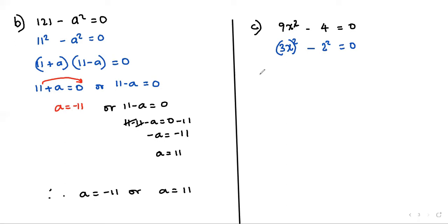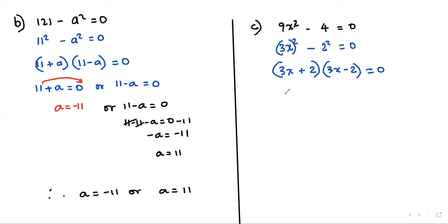So what should I write in the next step? Yes, just the same as this part of part B. 3x plus 2, very good, into 3x minus 2, very good, equals 0. That's good.